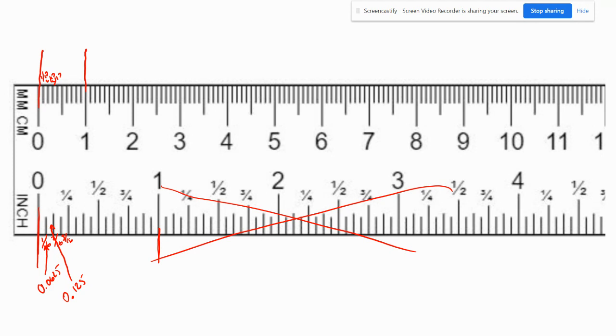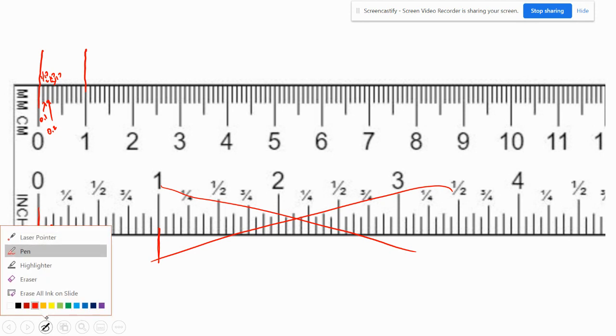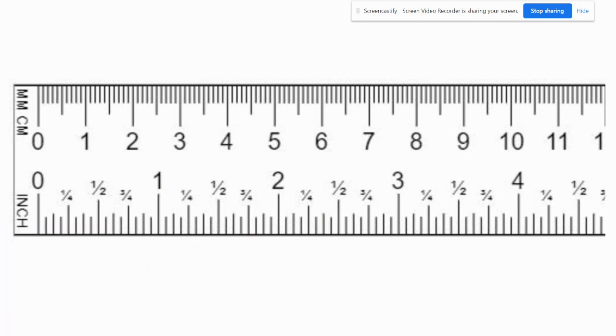As decimals, you can easily see it as 0.1, 0.2, 0.3, 0.4, 0.5. So in centimeters, it's a lot easier to measure, so I am going to be using centimeters.